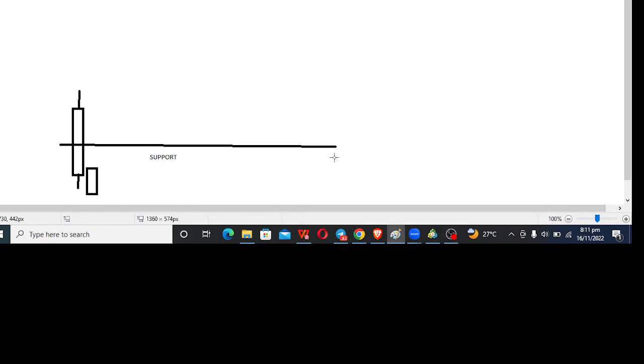Okay, so somebody was asking in the chat box which time frame we should use to confirm the breakout. This depends on your style of trading, whether you are going for swings, day trading, or scalping.